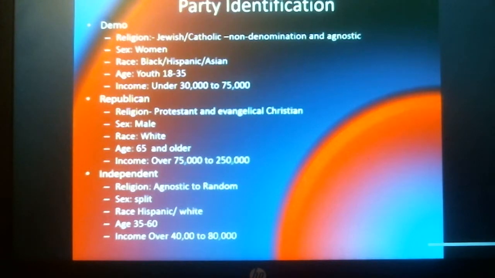So when we talk about party ideology and who identifies with the party, here again, and you can get this down, is kind of a split of where our nation stands. For Democrats, traditionally Catholics, Jews, and in most cases those who do not follow a church or go to church at all, agnostics, who are not the same as atheists.